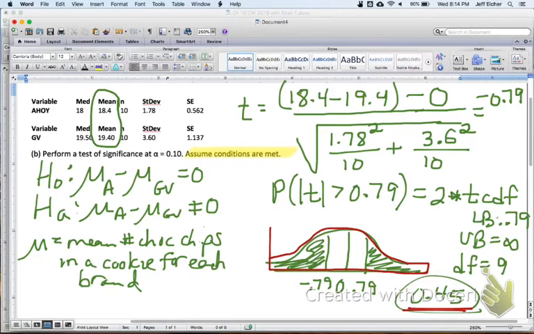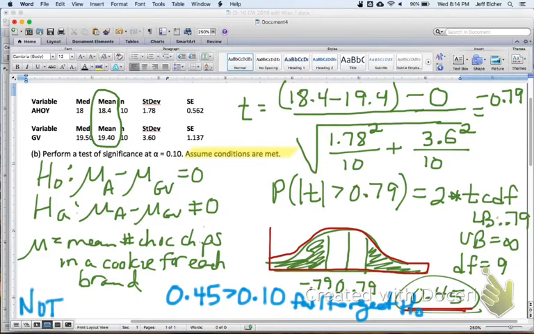So we would conclude that 0.45 is larger than any reasonable alpha level, but we were given 10%. We would fail to reject the null, H0, and we do not have convincing evidence that there's a difference. And you can write context.